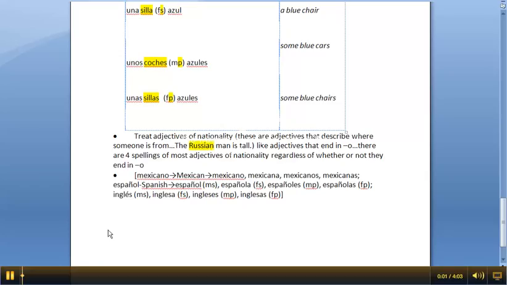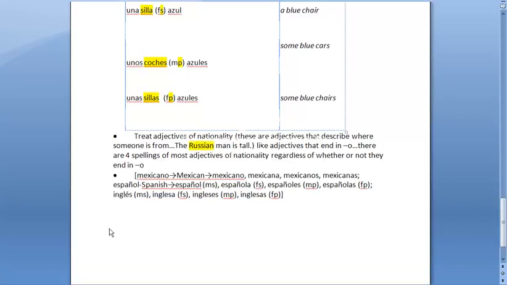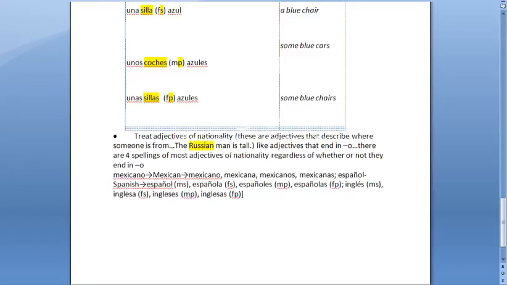In our last segment, I got cut off before I could completely, fully explain these adjectives of nationality and how they're formed.